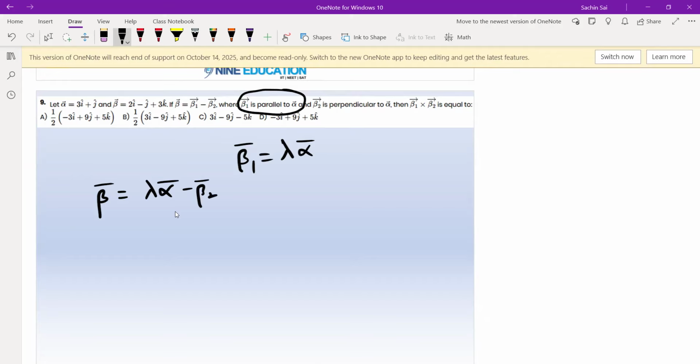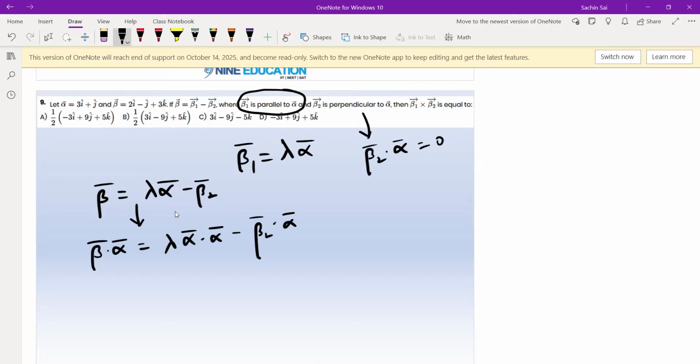Now the second piece of information we have is beta 2 bar is perpendicular to alpha, which means beta 2 dot alpha should be 0, right? So to apply that condition, here we will take dot product with respect to alpha on both sides. So that will give beta dot alpha equals lambda times alpha dot alpha minus beta 2 dot alpha, right?